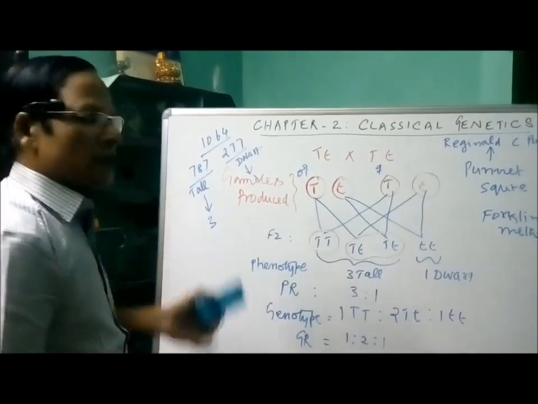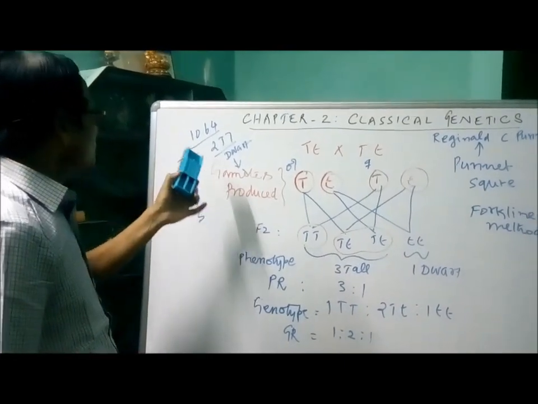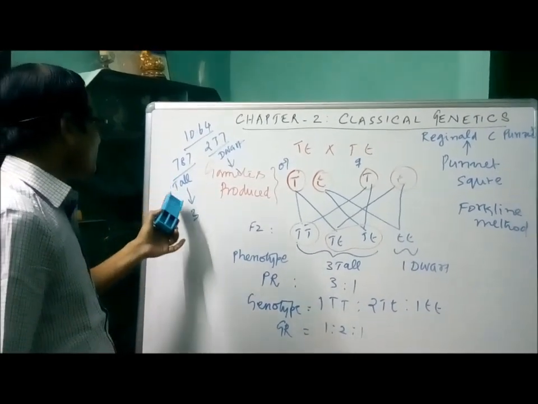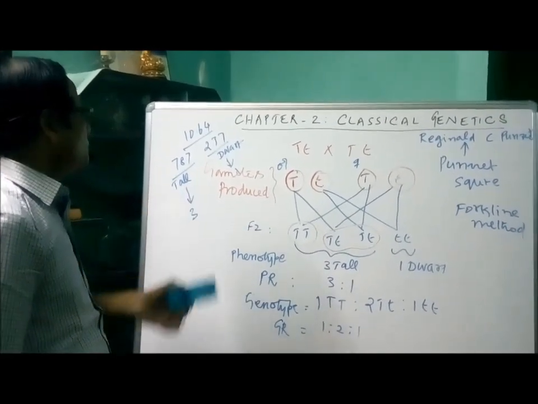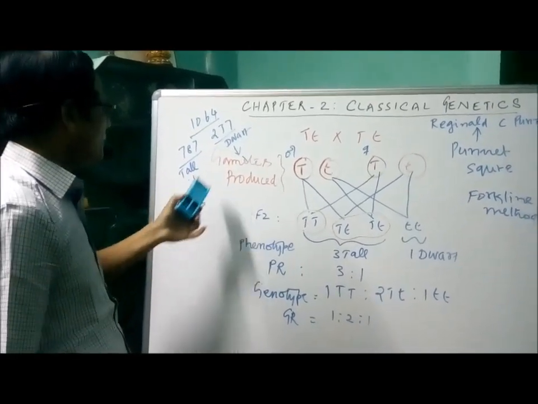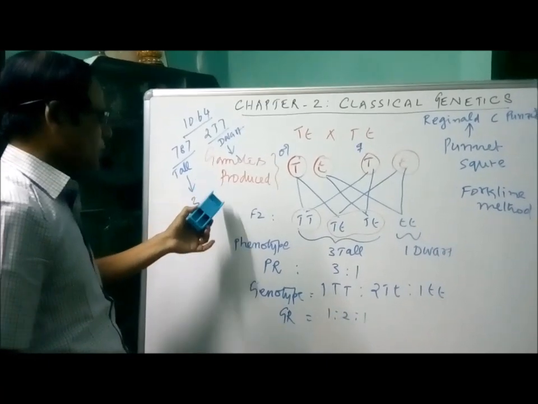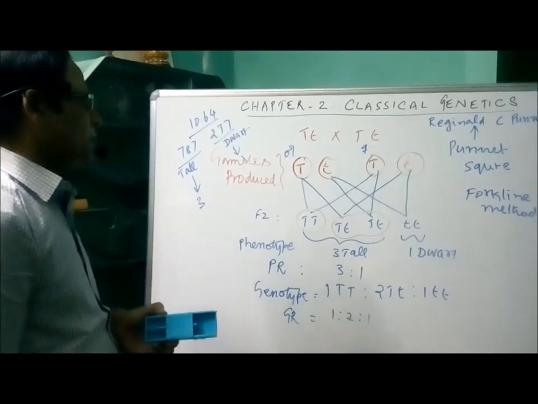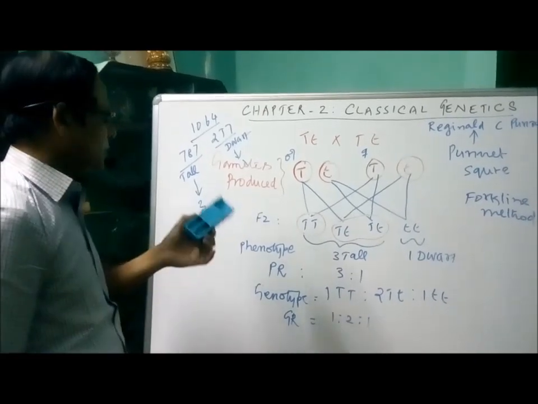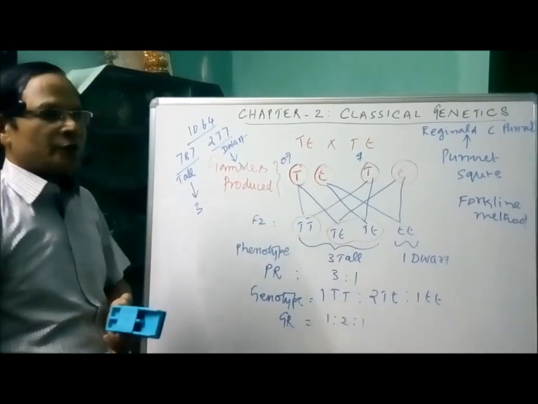So in the original condition, he received 1,064 individuals, of which 787 individuals were tall. The remaining 277 were dwarf. He made this into a definite proportion, that is 3:1, the phenotypic ratio. Now this is the four-line method to represent the result of F2.